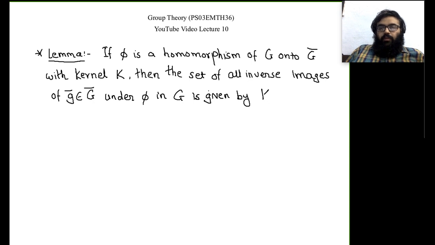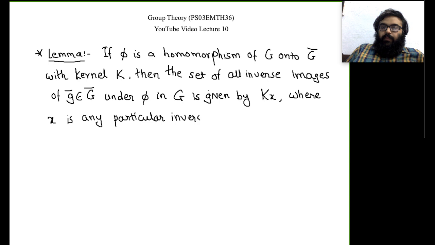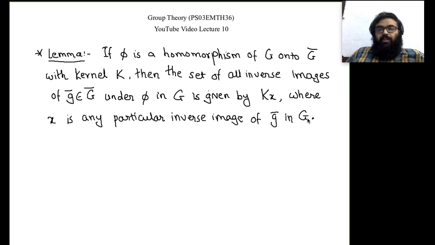Kx. It is given by Kx, where x is any particular inverse image of G bar in G. So if G bar equals the identity E bar, then we know its inverse image is nothing but the kernel, by definition.